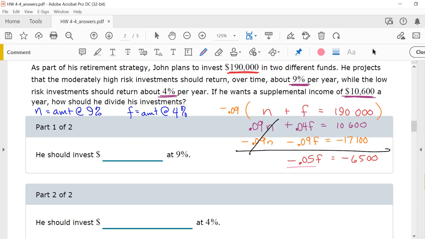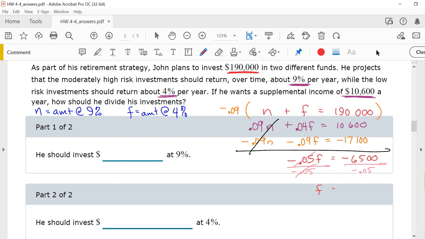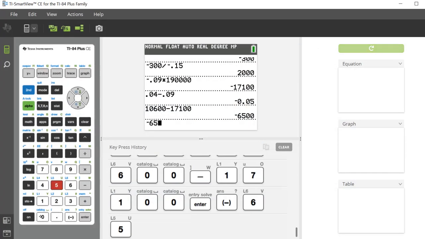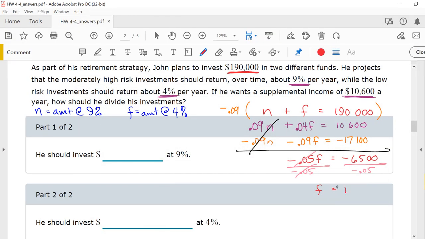If I divide both sides by negative 0.05, F will equal negative 6,500 divided by negative 0.05, which is 130,000. So the amount invested at 4% is $130,000.